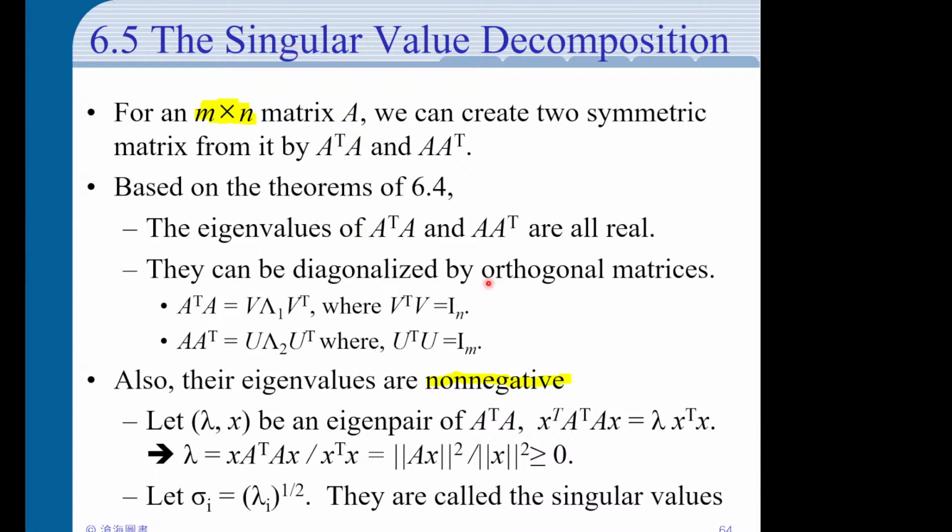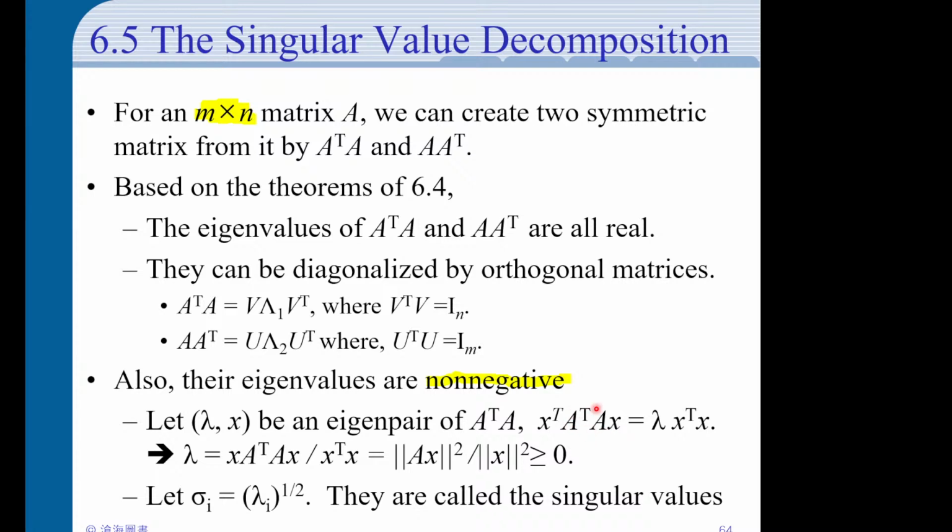Okay, so those two things have real eigenvalues, and actually you can also show the eigenvalues are non-negative. For example, you take just this one, and then you can think about whether its eigenvalues are negative or not, by doing the symmetry thing again.